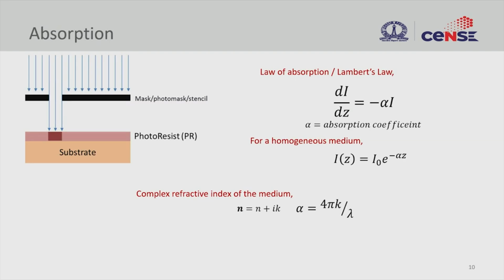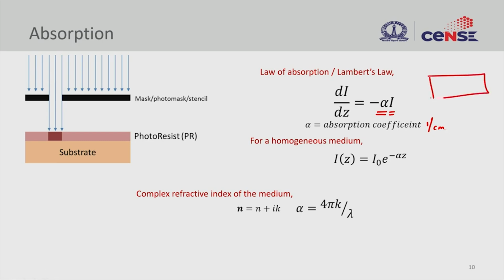Once you spin coat this, as I mentioned, we need to understand absorption, right? How the light gets absorbed into this system. A simple law that you can use to understand this absorption is Lambert's law, where the absorption along the length is dictated by the absorption coefficient and the intensity that you have. This absorption coefficient is per unit length.